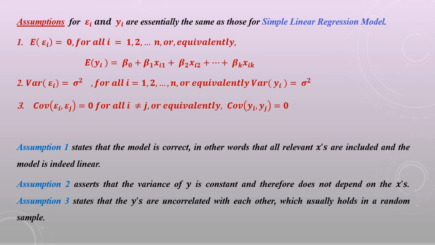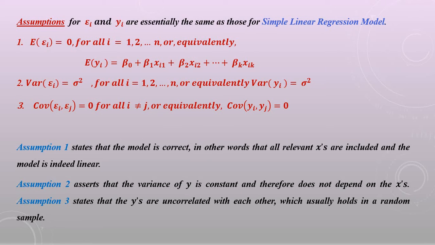And covariance of epsilon i, epsilon j equal to 0 for all i not equal to j, or equivalently covariance of yi, yj equal to 0, which means that all the y's are independent of each other.